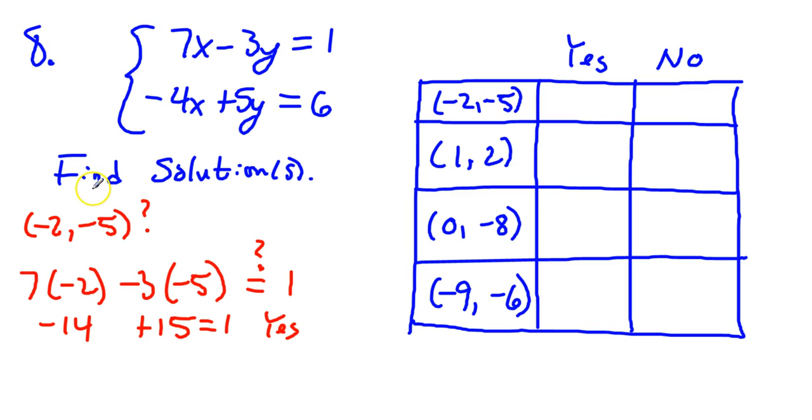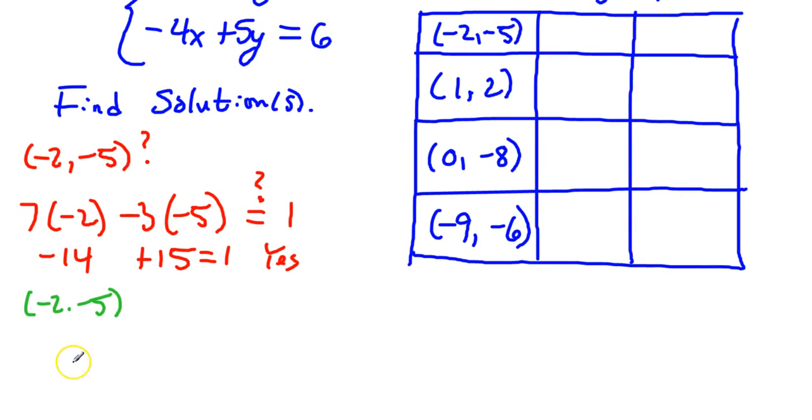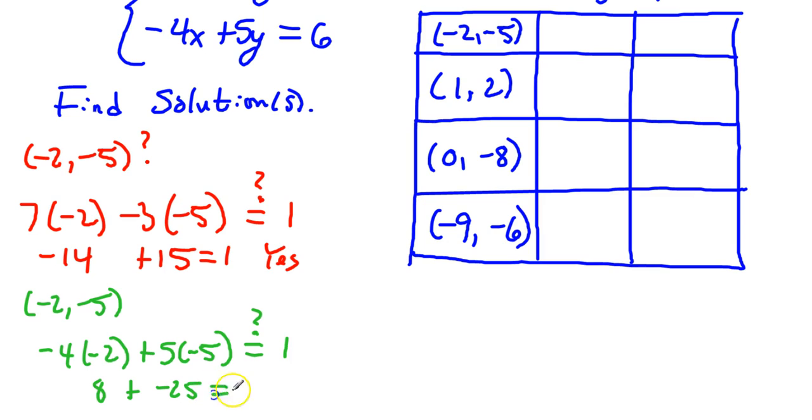Then we also have to check -2 and -5 in the second equation. So now it's -4 times -2 plus 5 times -5. Does that equal 6? That's 8 plus -25. Not even close. So for that one, that's a no.